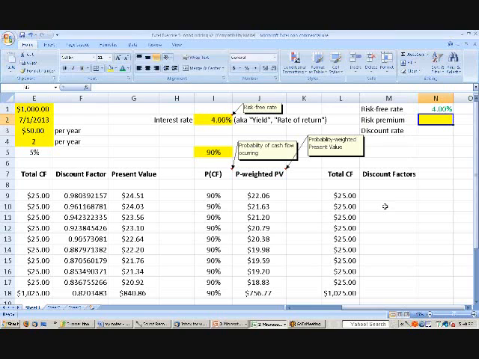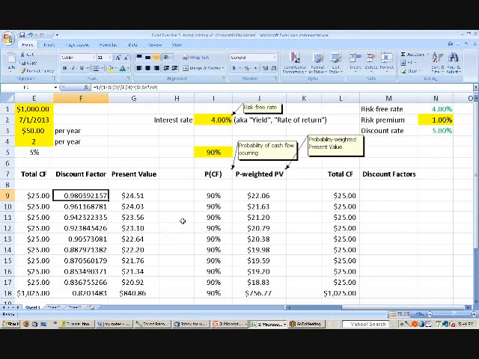So let's start with a risk premium of 1% for right now. So the discount rate is simply the sum of the risk-free rate and the risk premium. Okay, so the risk-free rate here, we're just setting it equal to whatever we were using before. The risk premium is a new input, completely new, and then the discount rate is just the sum of those two components.